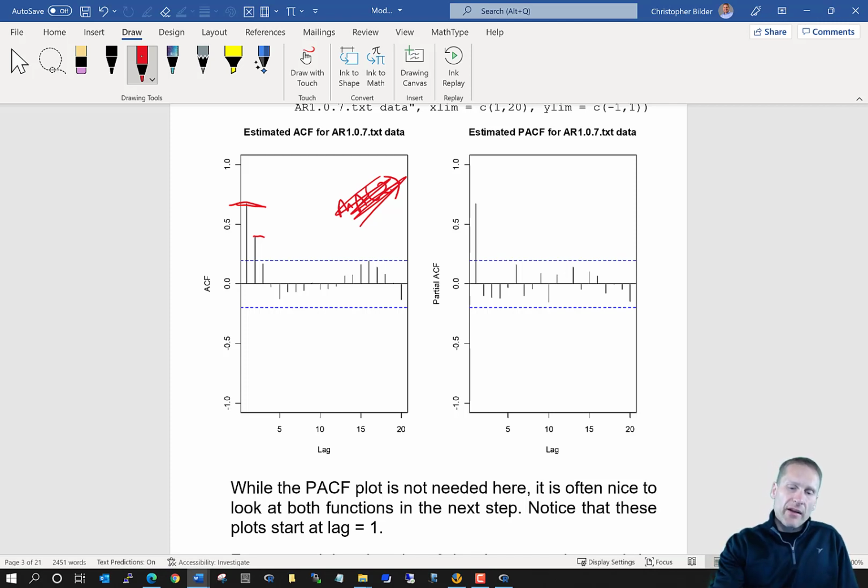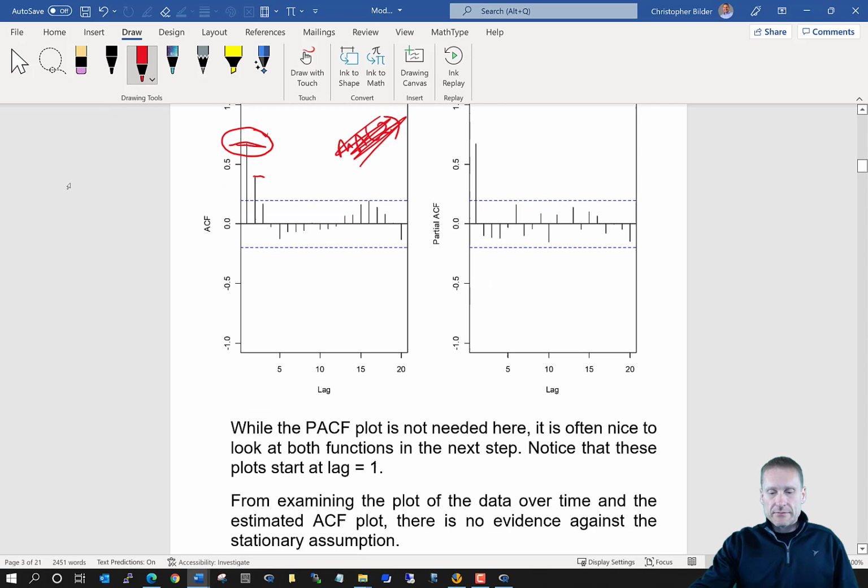So, at the very least, how about we actually take a look at a moving average 1 and see what happens with that model in the next step of our model building process.